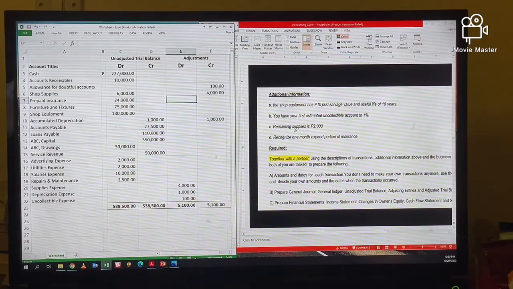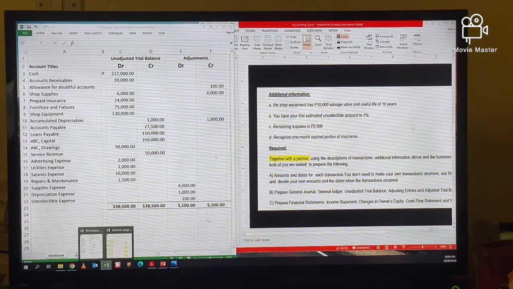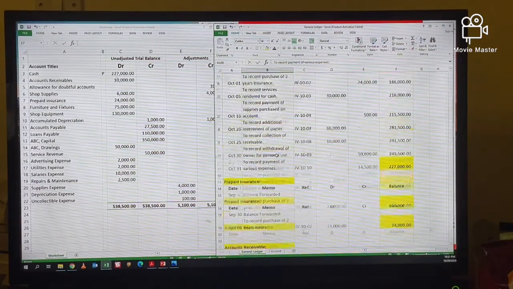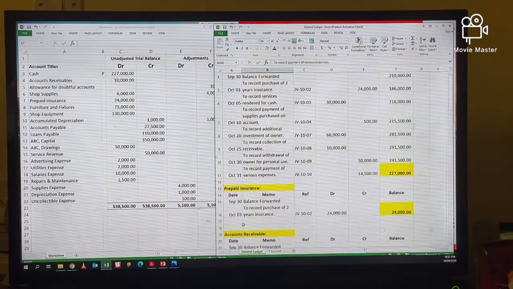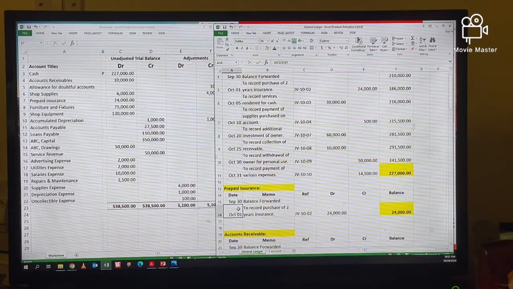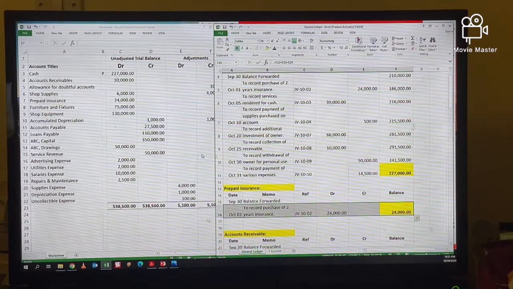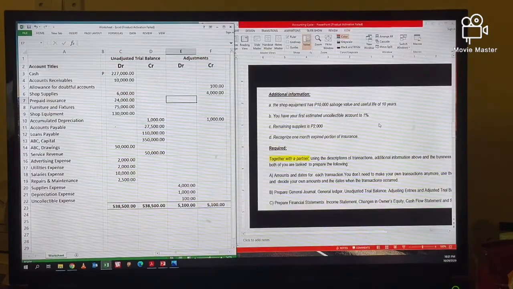Okay? Binili natin yung insurance is October 1. So, kung titignan mo yung GL mo ng prepaid insurance, babalikan mo siya October 1. So, from October 1 to October 31, isang buwan siya. So, meron ka ng 1 month na expired portion. Okay.